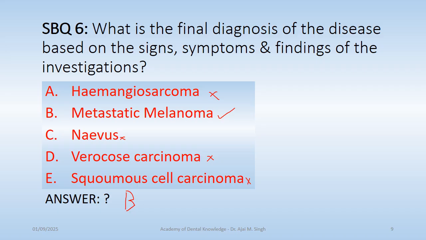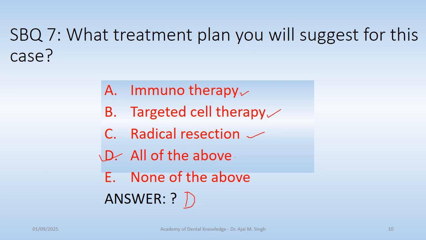Nevus, it is a benign thing, so we saw sign of malignancy. Verrucous carcinoma, we did not see the veins. Squamous cell carcinoma, we did not see the epithelial pearls, so answer will be B. You have to analyze your question the way I am describing here in actual example.